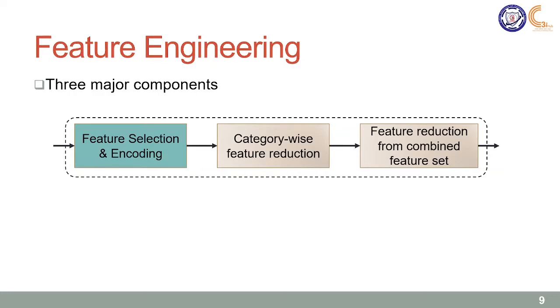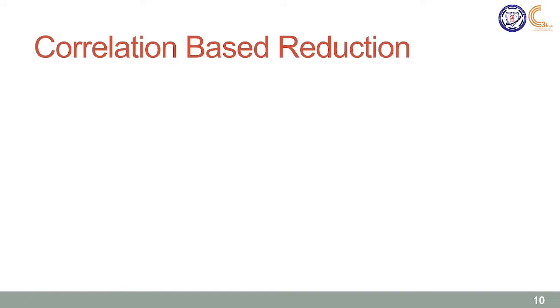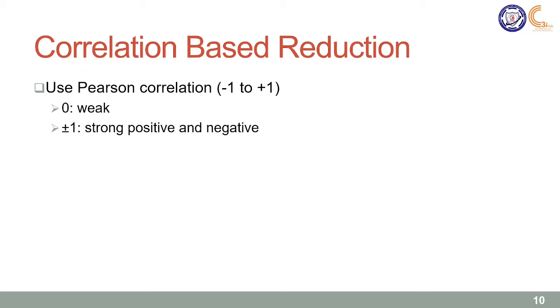Let's look into the category wise feature reduction process. It has two subcomponents: reduction based on correlation and optimal feature identification. In correlation based reduction, we use Pearson correlation, which lies between -1 to +1, where 0 denotes the weak correlation and ±1 represents strong positive and negative correlation.